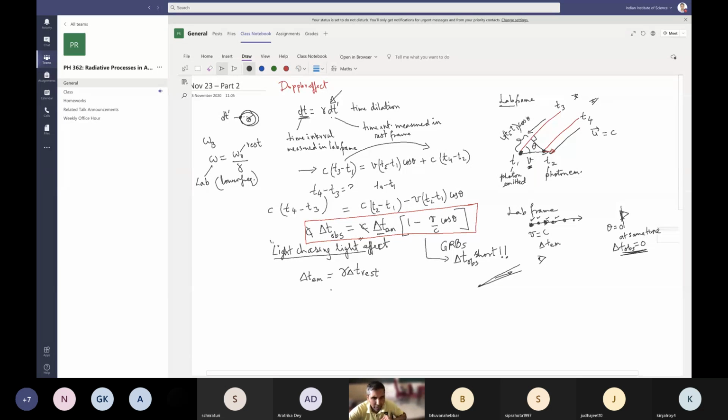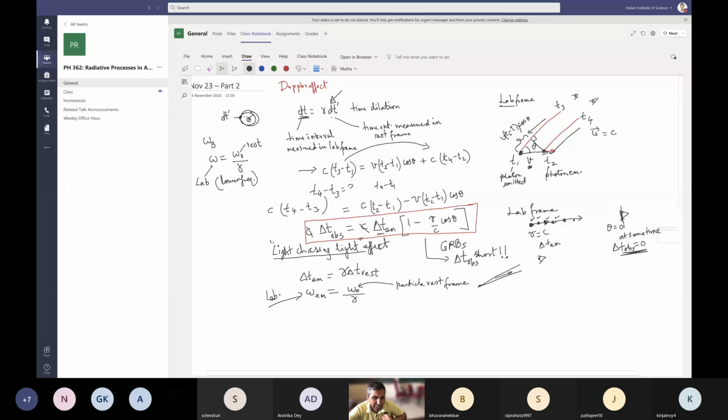This is the frequency in the particle rest frame, and this is the frequency in the lab frame.